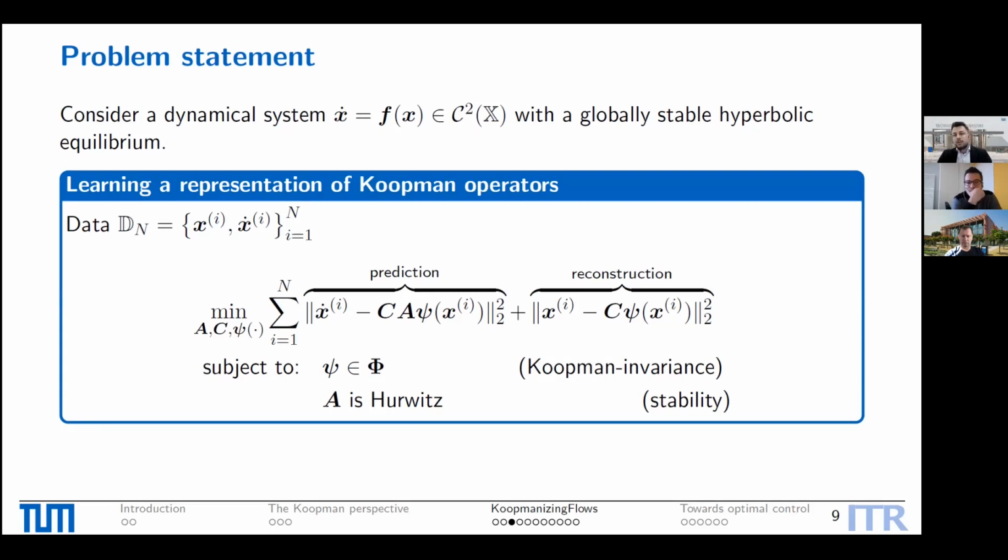But it's subject to Koopman invariance and stability through a Hurwitz condition. This is basically a condition that says that all of the eigenvalues of a matrix are in the left-hand plane. And this Koopman invariance here is a very important feature that we want to have, in comparison to many methods that don't really take care of it, that are mostly based on pre-assumed basis functions and similar heuristics.